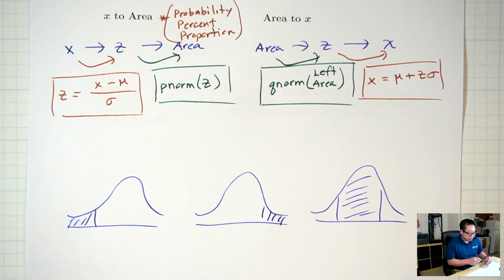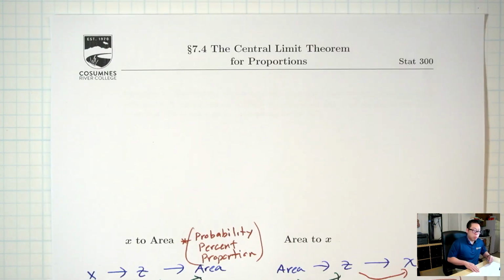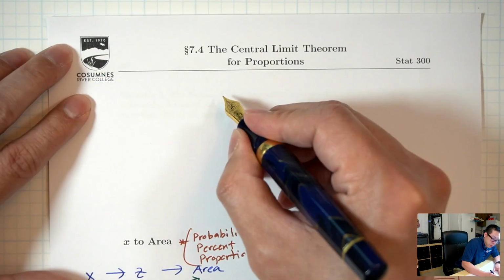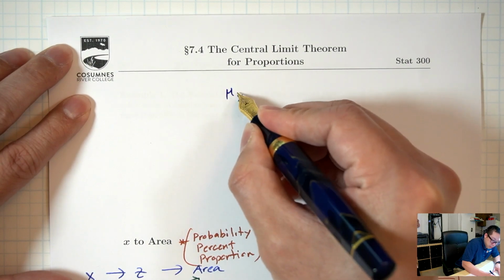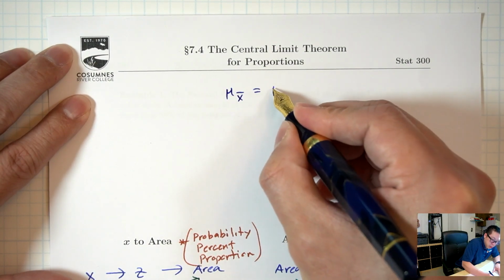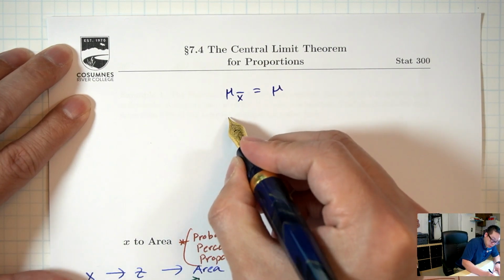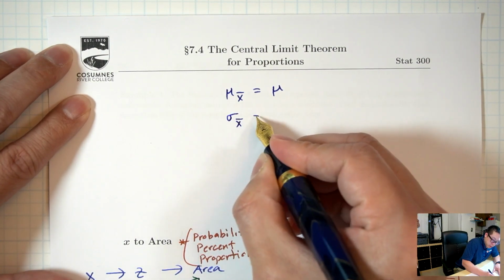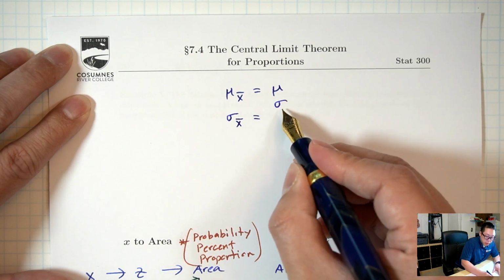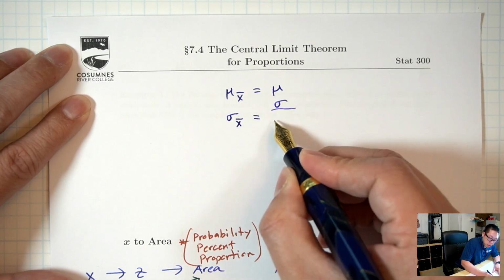Okay, and the new thing in this section is the mean that you put in the middle depends. It depends on whether we're talking about a mean situation or a proportion situation. So for the mean situation, the mean you're supposed to use is the original mean of the population. The standard deviation you're supposed to use is the original standard deviation of the population divided by square root of n.